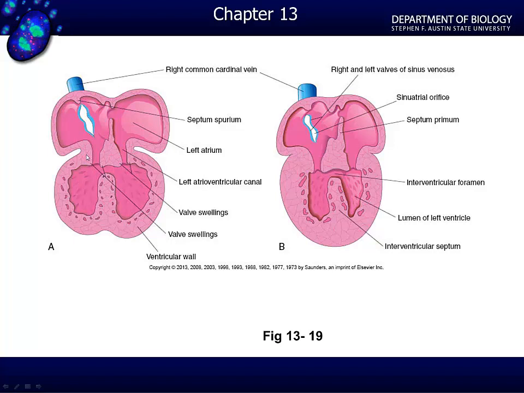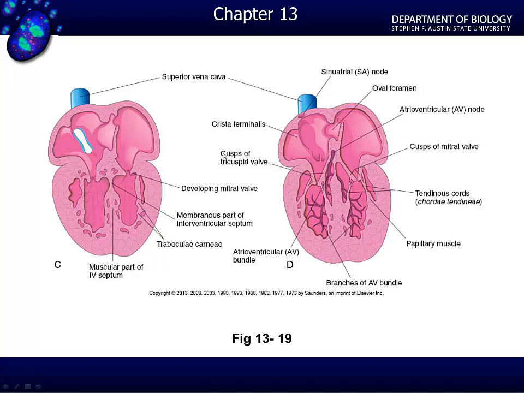But we're going to begin to form some swellings that are going to occur in the valves. And we can see that this is going to happen. But we're also going to have erosion of some of our tissue, some of this trabecular tissue. And so as some of this tissue erodes, the cardiac muscle itself is going to undergo changes. It's going to degenerate and just become fibrous tissue.